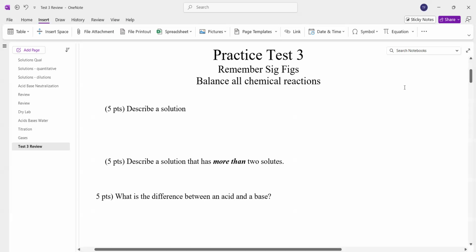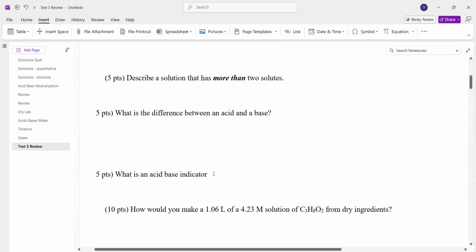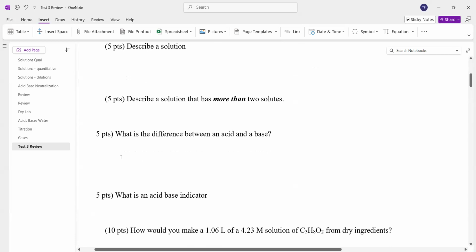Okay, what's the difference between an acid and a base? Where I was going with this is what's disassociating from an acid and what's disassociating from a base.